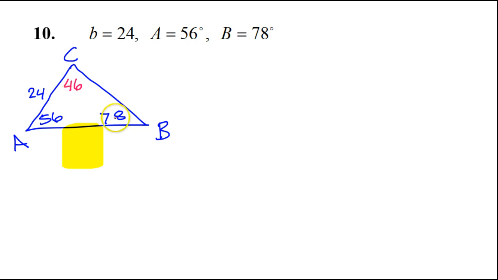Notice I have this angle and opposite side, so I'm going to set up my law of sines using these two. But since I'm looking for a side, I'm going to put sides in the top. So I'm going to start off with 24 over the sine of 78, and that should equal side C over the sine of 46.